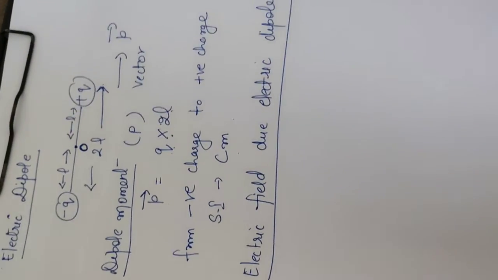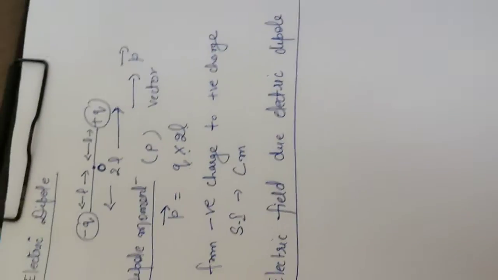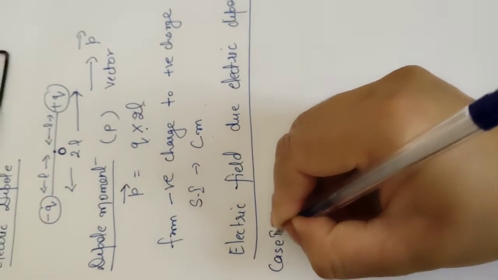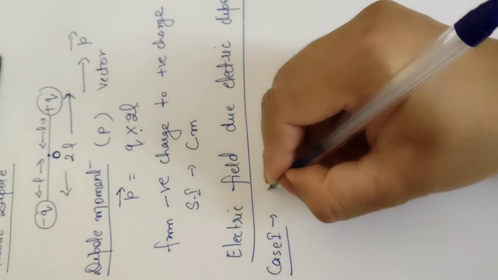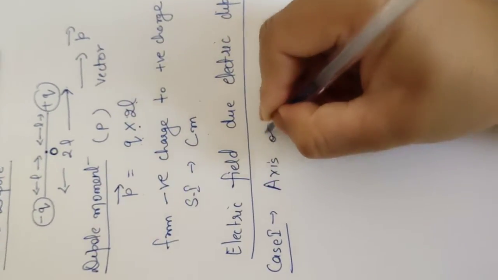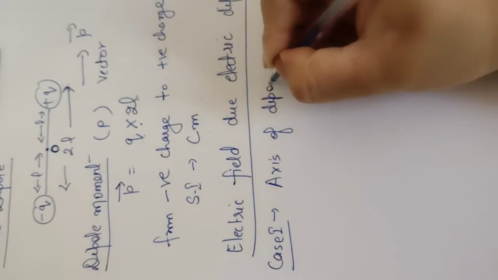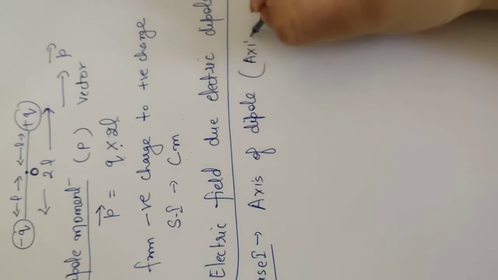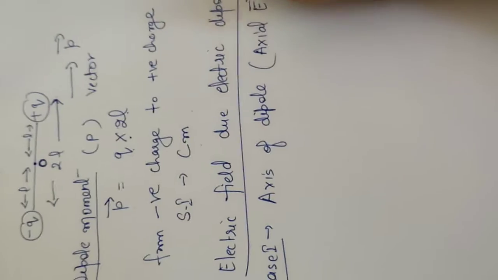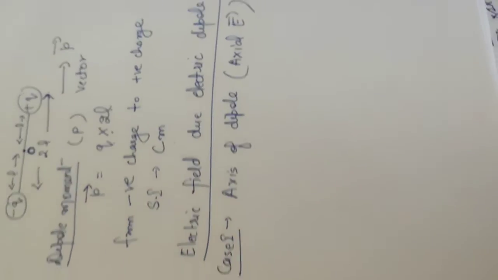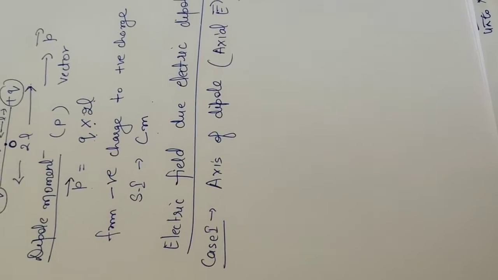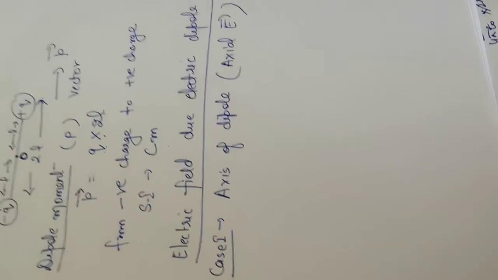First case is when we take a point lying on the axis of dipole. In such a case, the electric field is also known as axial electric field. So how can we find the axial electric field? This is a very important derivation.